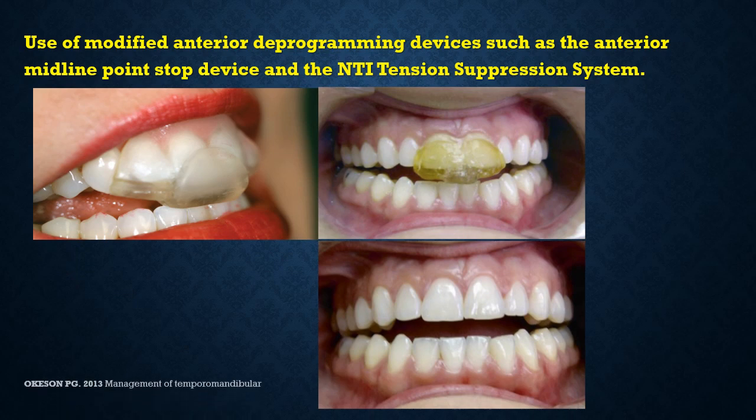Well, another type of partial coverage splint is what's called the midpoint stop device, or the trigeminal tension suppression system. It's the same idea as the anterior deprogramming. It will only cover the central incisors, so the mandible will rotate only anteriorly, and it will be seated properly at the retruded contact position.